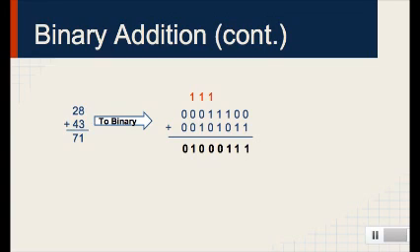Next, starting from the right, add each pair of binary numbers according to the rules described earlier. Finally, convert the result back to decimal to see that the answer is indeed 71.